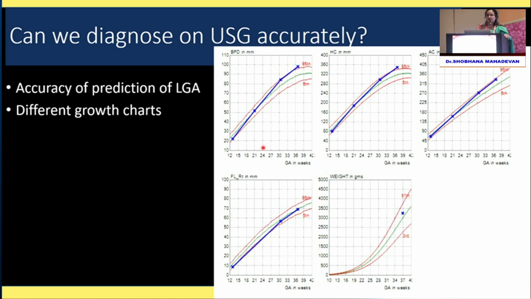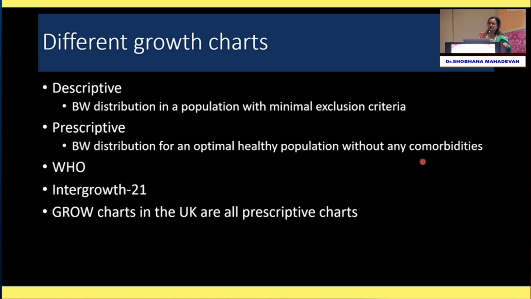Okay, so this is a typical example of the baby tending to grow high. As you can see, this is a BPD. This is the AC. The baby that starts at the 50th centile now has moved on to the 95th centile. And when we plot them on these charts, basically there are two types of charts, descriptive and prescriptive charts.